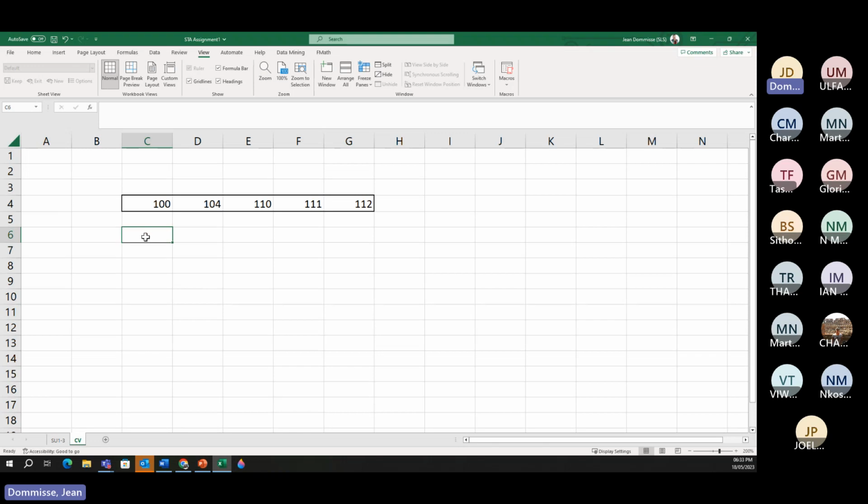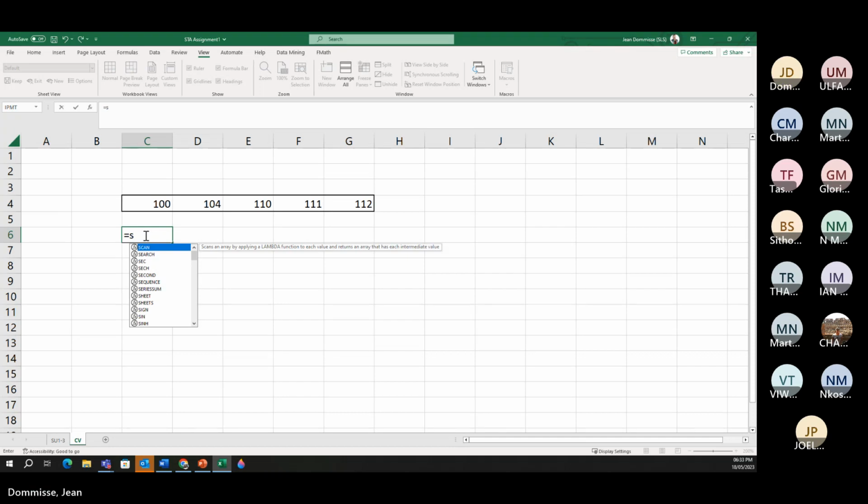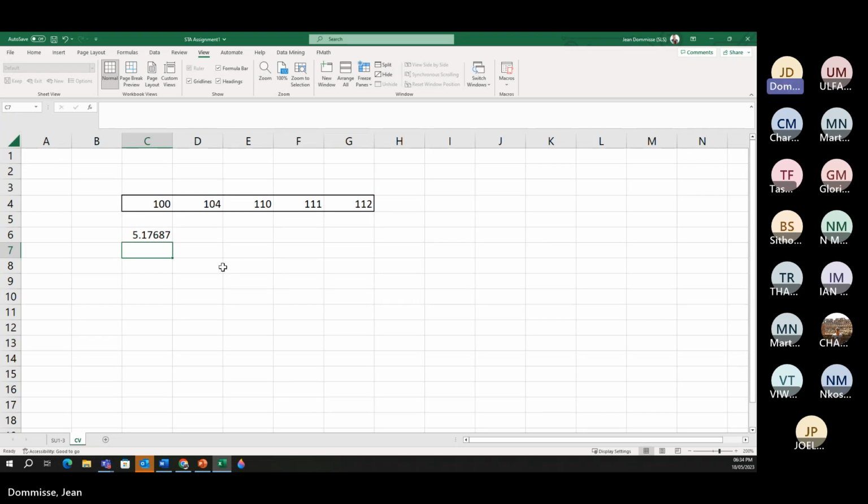We know that coefficient of variance is the standard deviation divided by your mean. Your mean is just your average.